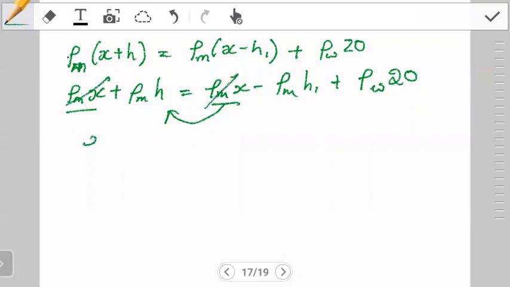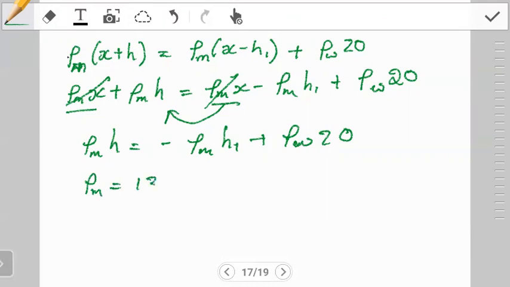You remain with rho mercury h equal to negative rho mercury h1 plus rho water times 20. Now the question gives us the density of mercury, which is 13.6 grams per cubic centimeter, and we take the density of water to be 1 gram per cubic centimeter.